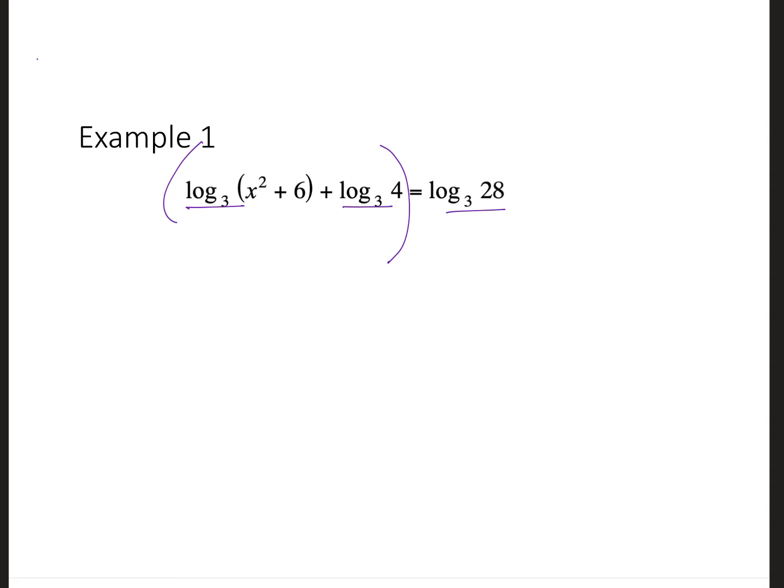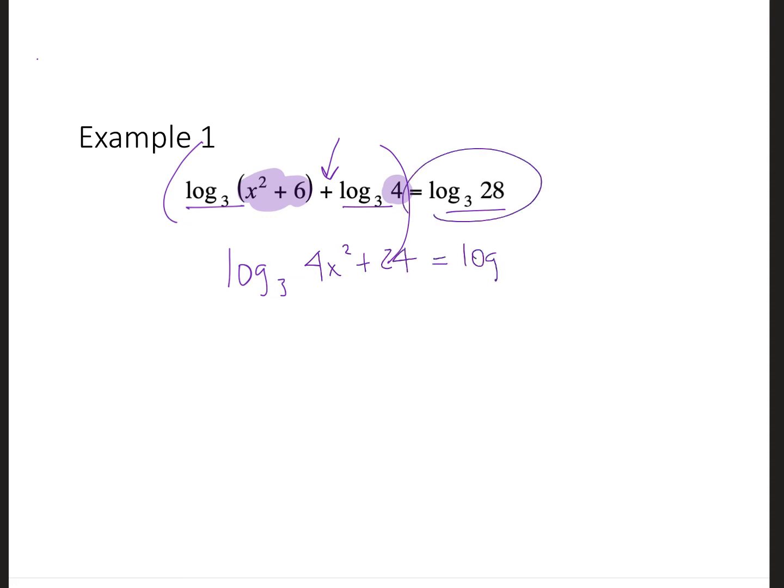Because these 2 logs are held together with addition, I can condense this and multiply the 2 arguments together. In other words, I'm going to multiply this 4x plus 6 with this 4. I can multiply those together and get 4x squared plus 24. Now that's going to equal this side.